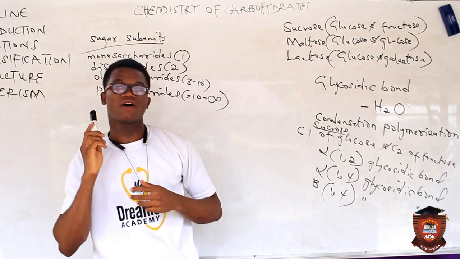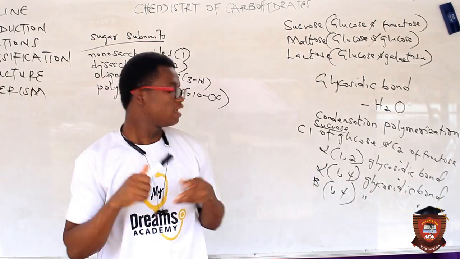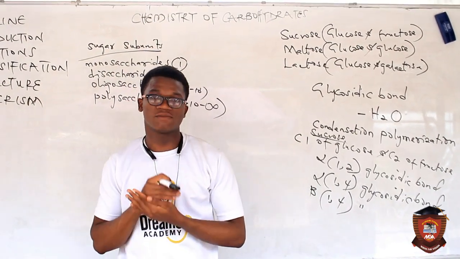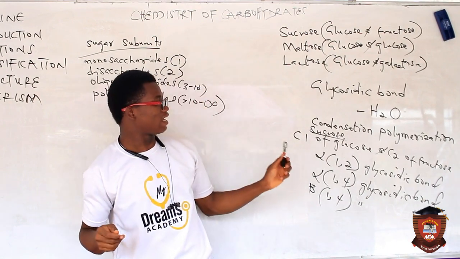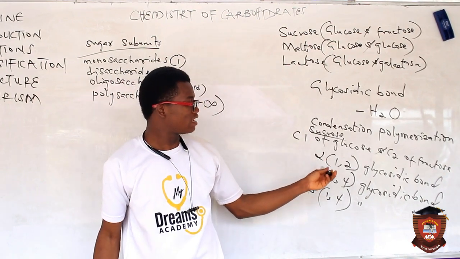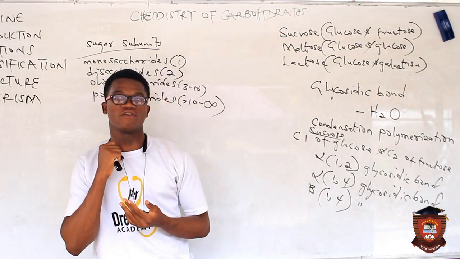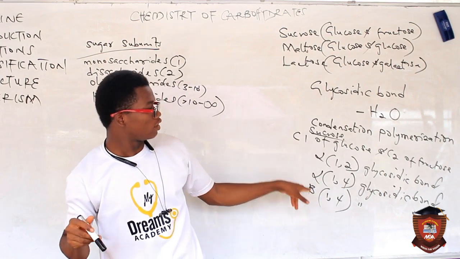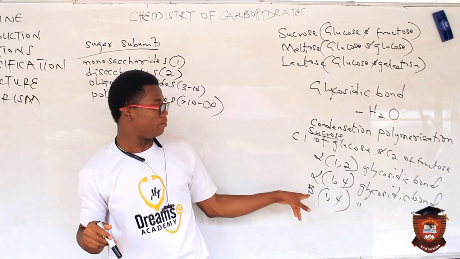You must have heard about lactose intolerance in human beings and other mammals. It is because of this beta bond, because the enzymes found in the digestive tract of human beings are only specialized to hydrolyze alpha bonds. That is why beta bonds are a problem for the mammalian digestive tract, because they don't have enzymes that hydrolyze beta bonds.